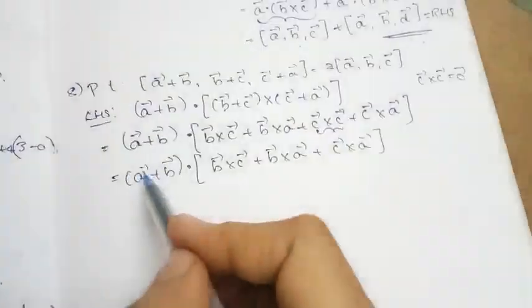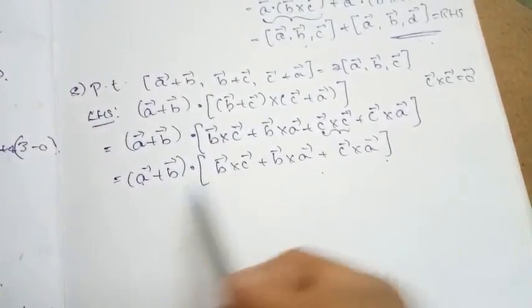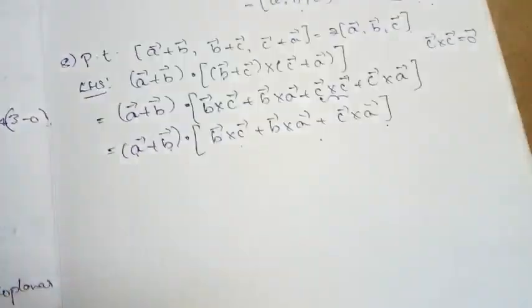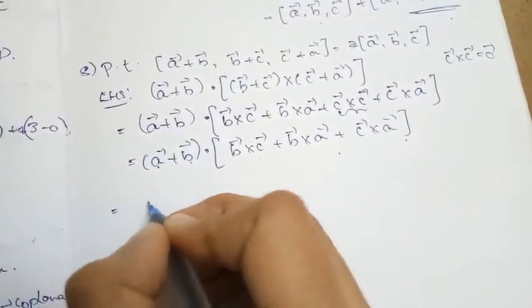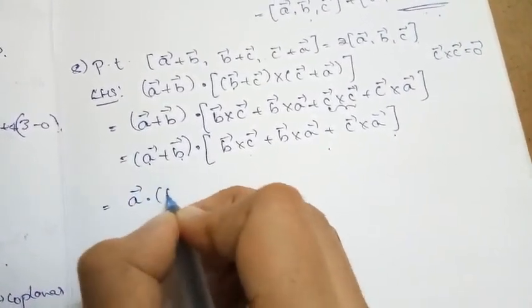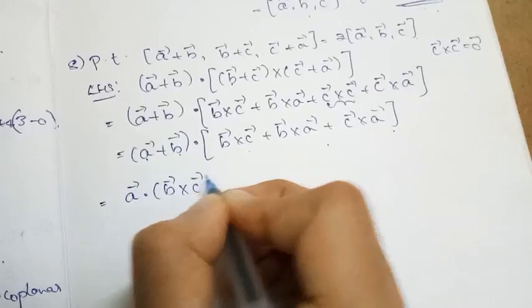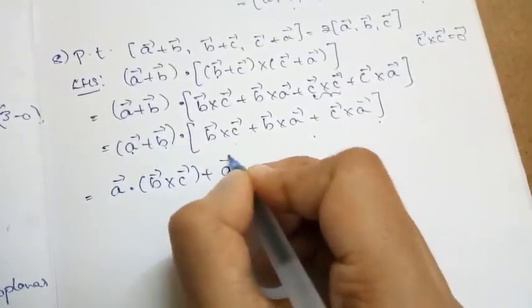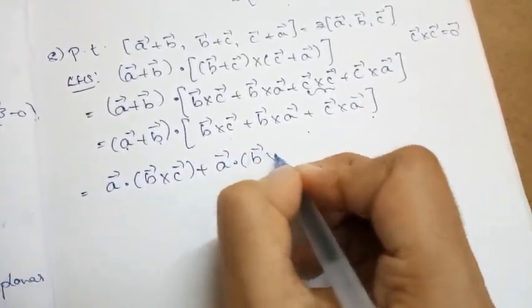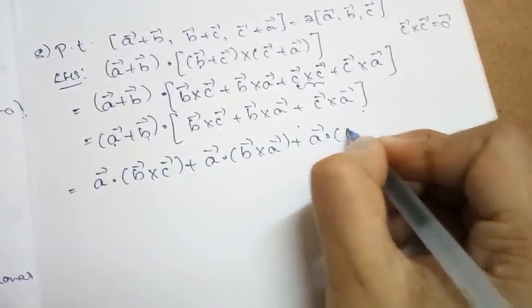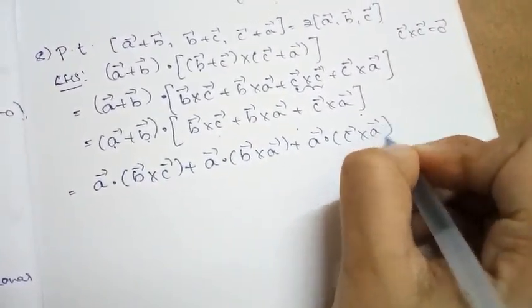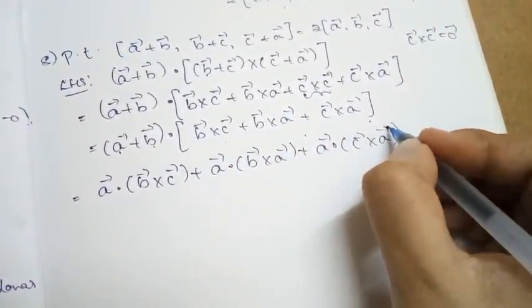Now again I am multiplying vector A to all three vectors here, and vector B also to all three vectors. So what does that become? Vector A dot B cross C plus vector A dot B cross A plus vector A dot C cross A, where vector A is multiplied to all three vectors.